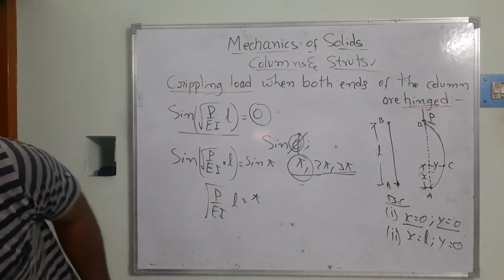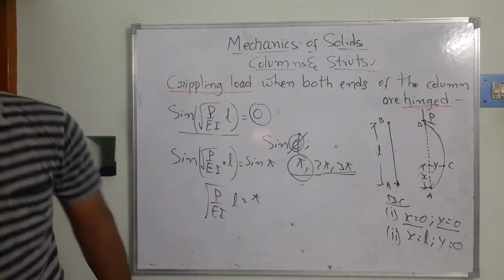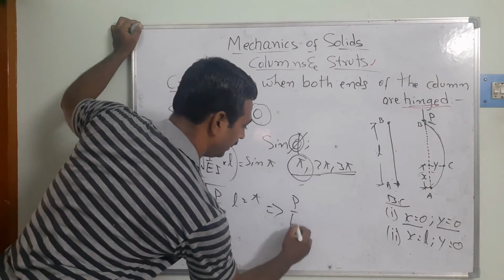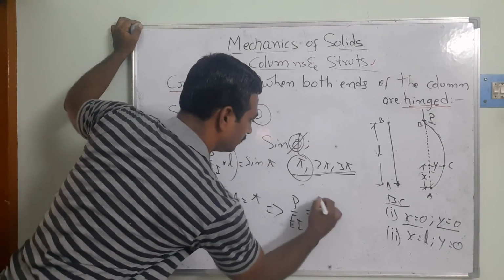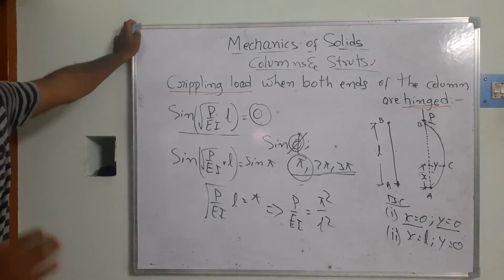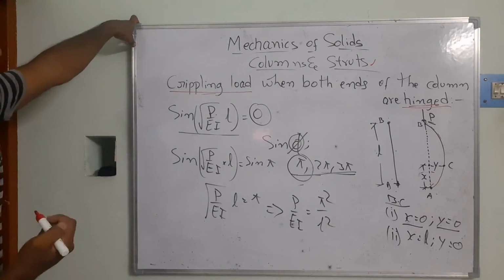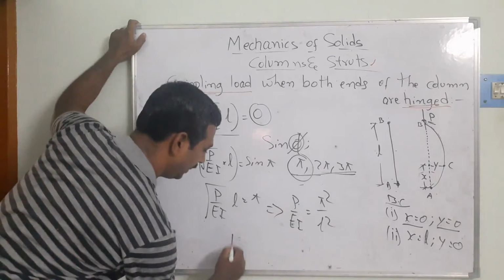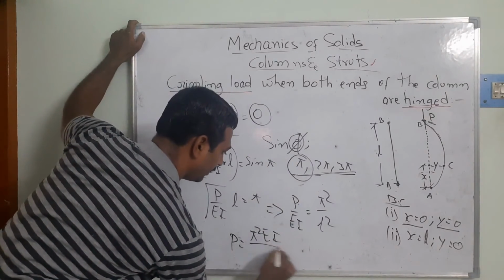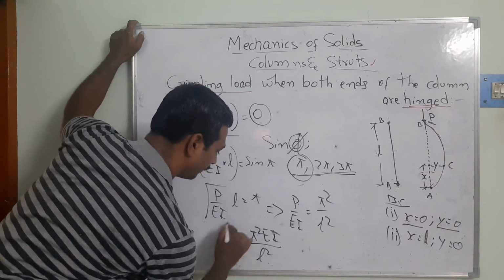Then P by EI is equal to pi square by L square. Taking the terms to the right side, P is equal to pi square EI by L square.